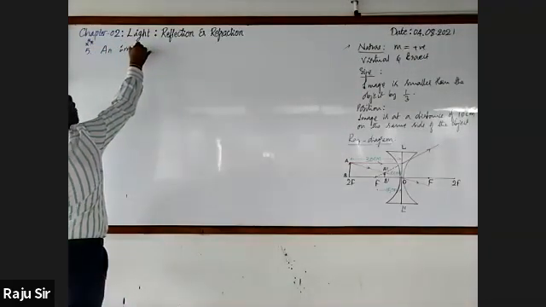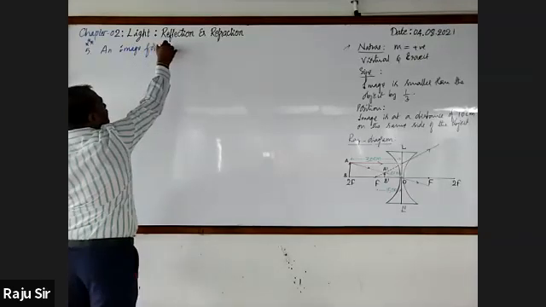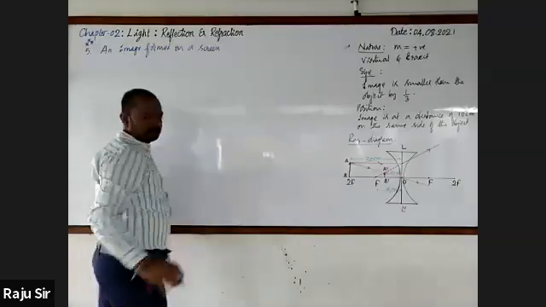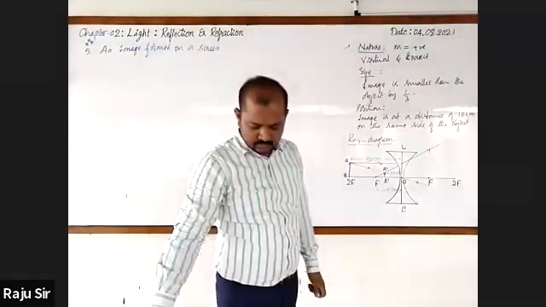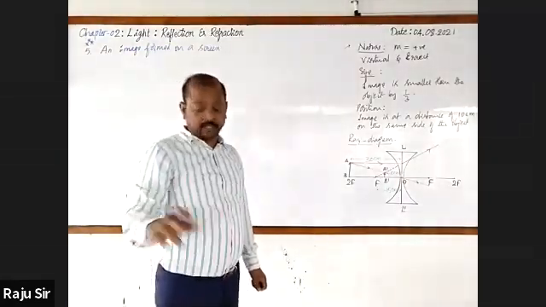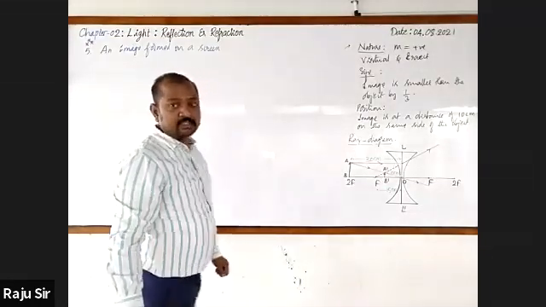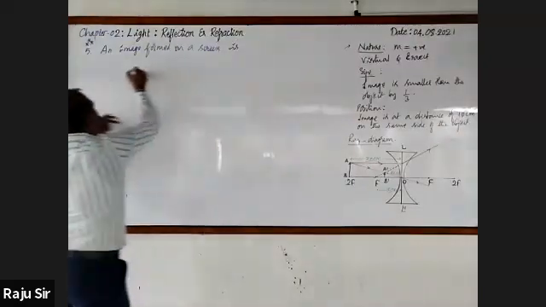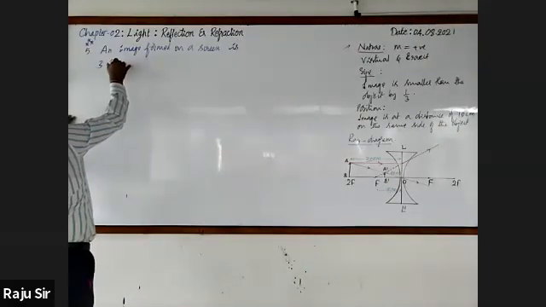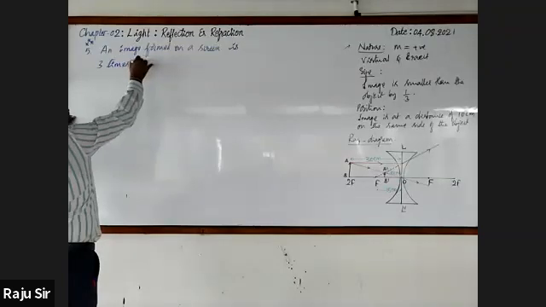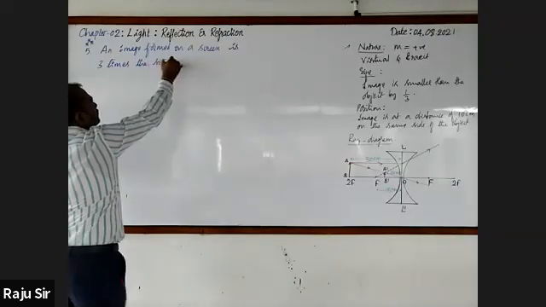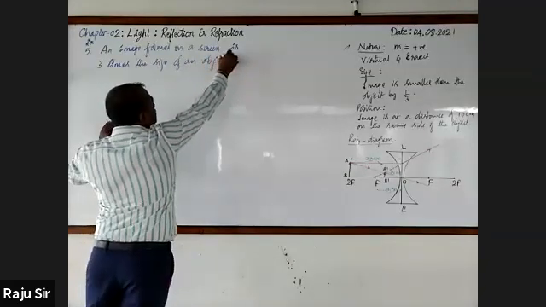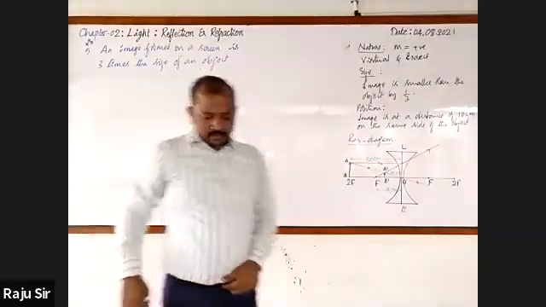An image formed on a screen is 3 times the size of the object. So, what is the size of the object?